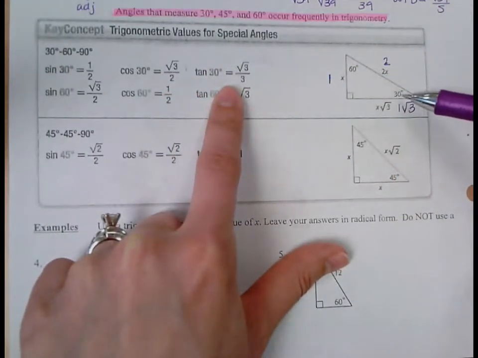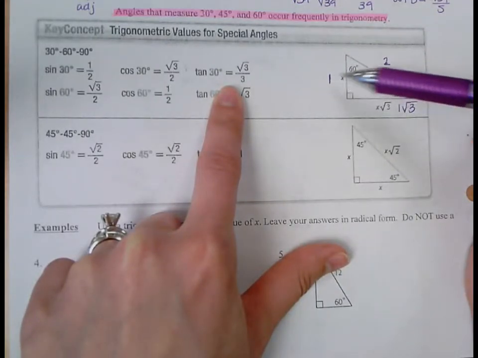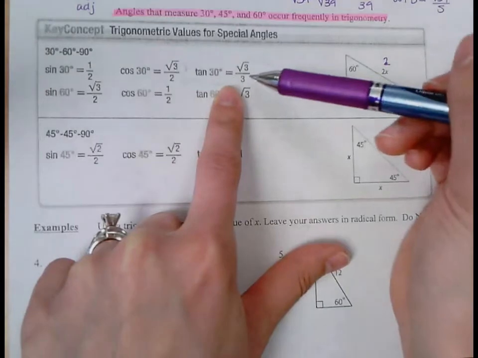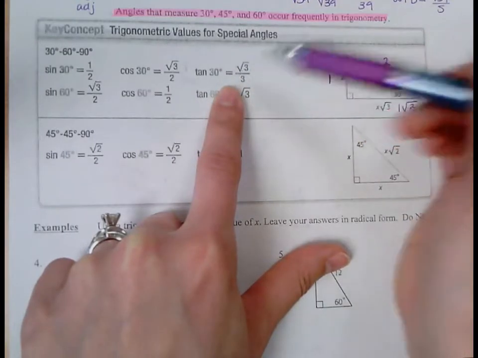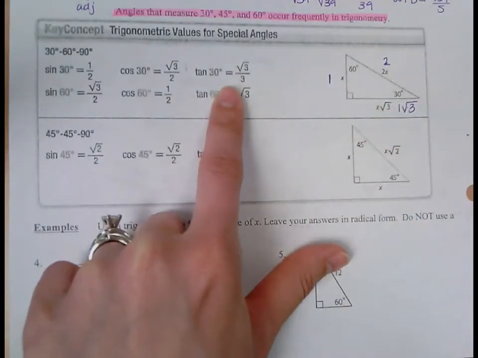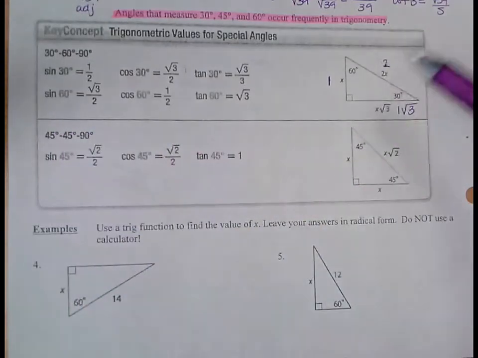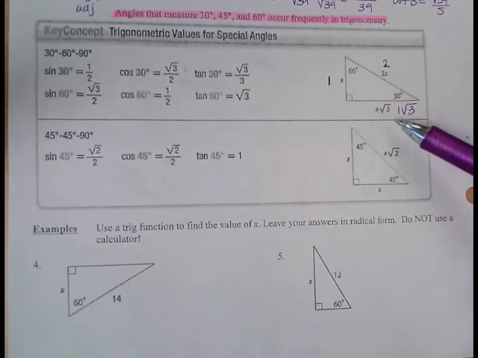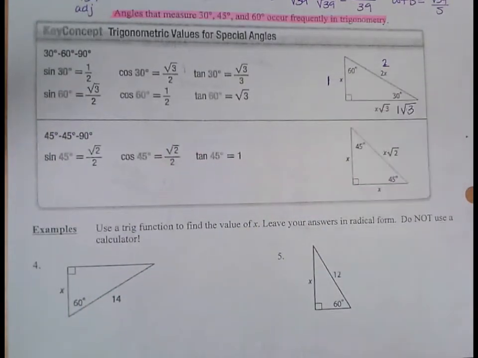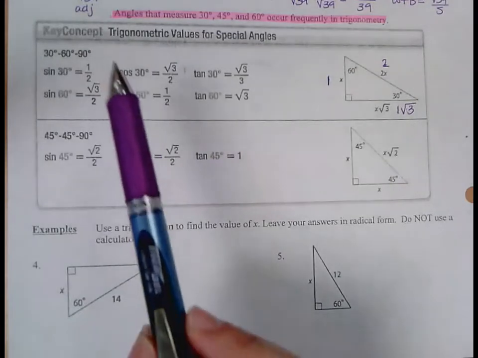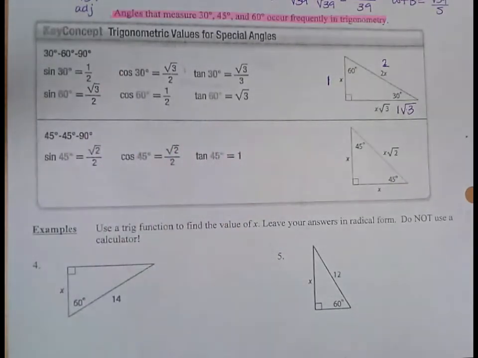Tangent of 30, opposite over adjacent would be 1 over the square root of 3, and then they rationalized it, that's where they're getting the square root of 3 over 3 from. And then they're doing the same thing with the 60-degree measures. It's just your opposite and your adjacent sides have now switched. So those ratios kind of switch.